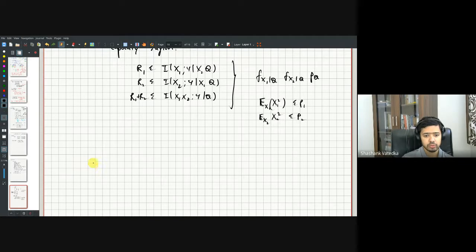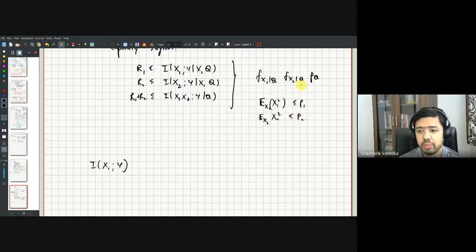So let's try to find the mutual information between X1 and Y. Throughout we'll assume that we first fix a distribution which satisfies these conditions.